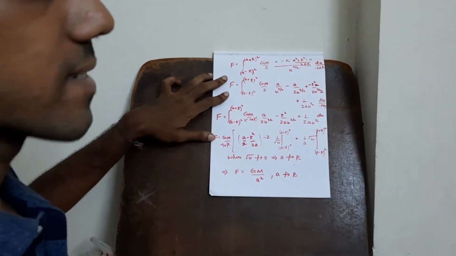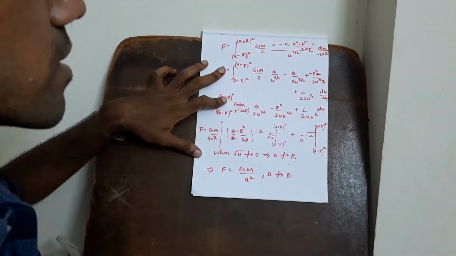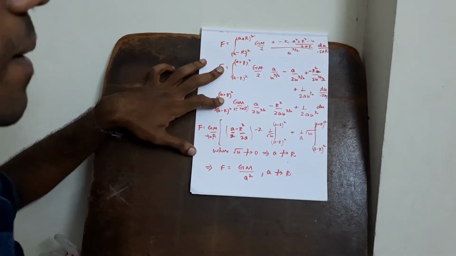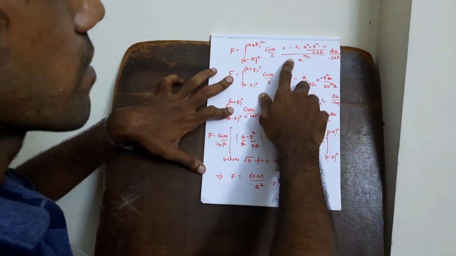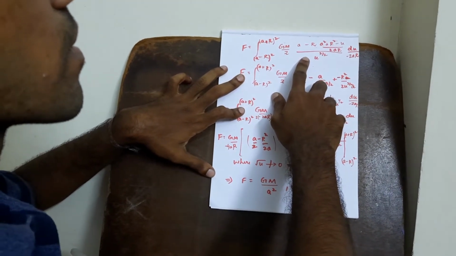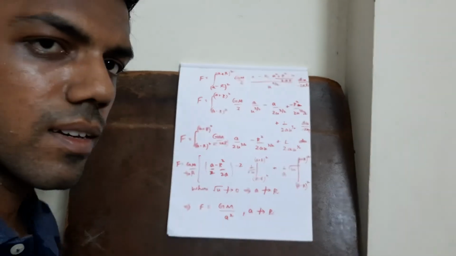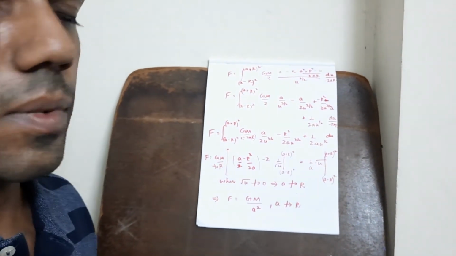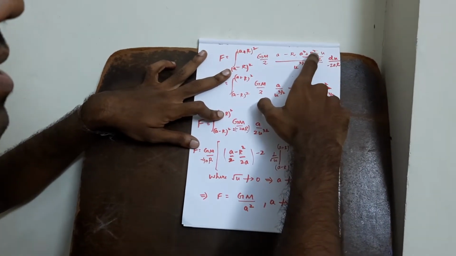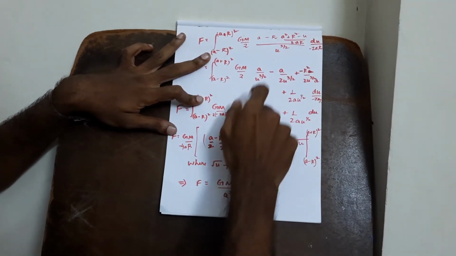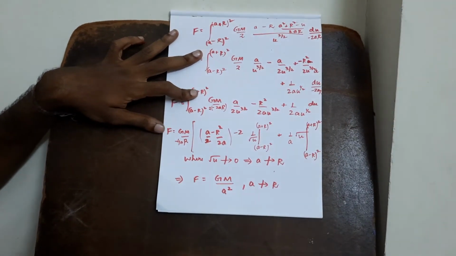On substituting a square plus r square minus 2art as u, we get the substitution of t as this, and the denominator is u power 3 by 2, and dt becomes du by minus 2ar.